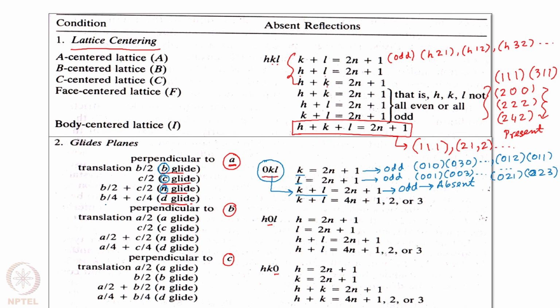In the same manner, when we talk about a D glide, the systematic absence condition is K plus L equal to 4n plus 1, 2 or 3, which once again indicates that the sum is odd. In the same way, one can understand the corresponding A, C, D and N glides perpendicular to B and C, which I am not going to explain in this lecture.